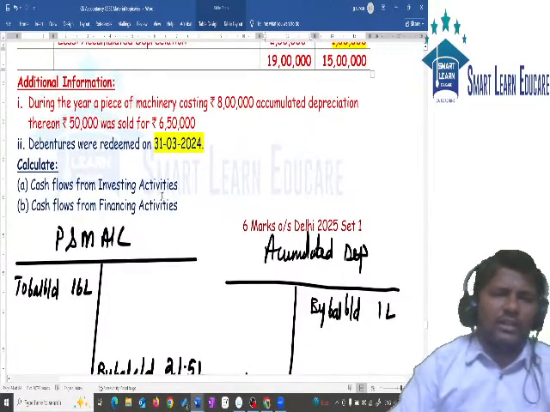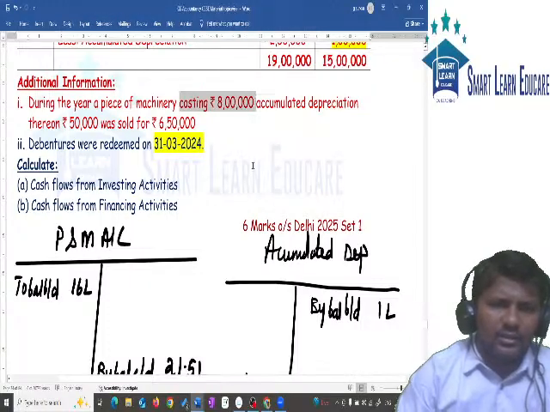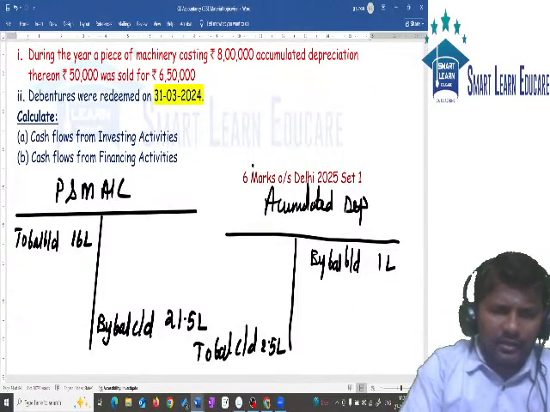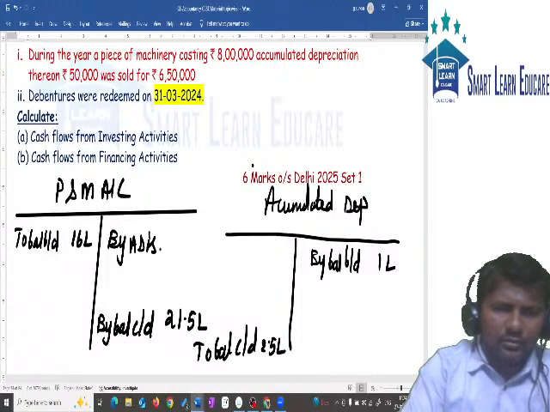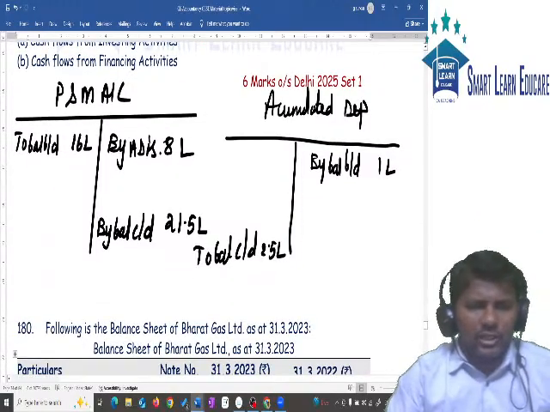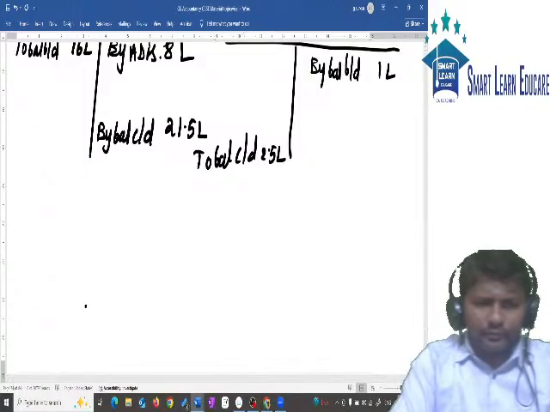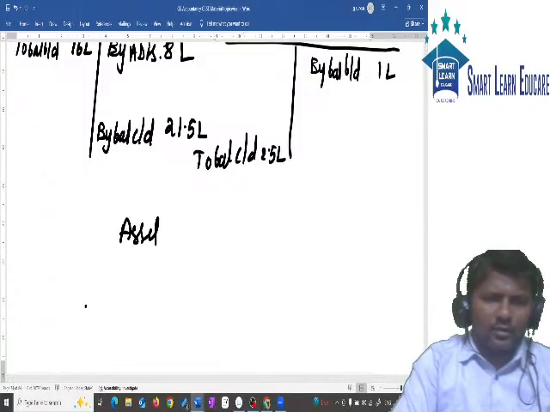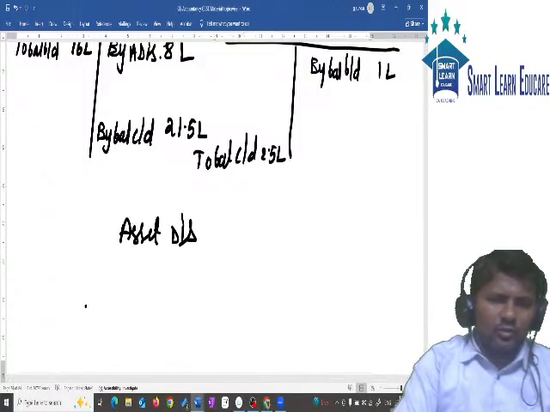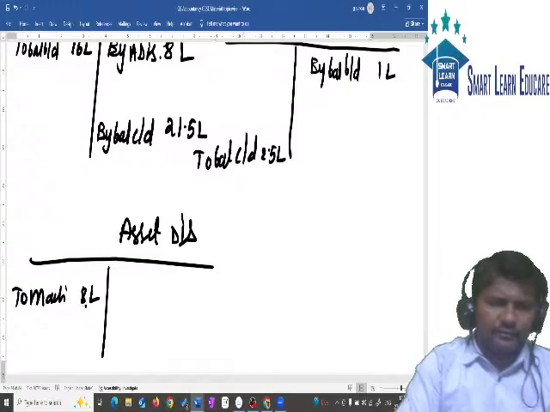Now, what is the other information? Machinery cost price 8 lakh. This is sold. In the machinery account, by asset disposal, it is 8 lakh. In the asset disposal account, this will come as to machinery, which is 8 lakh.